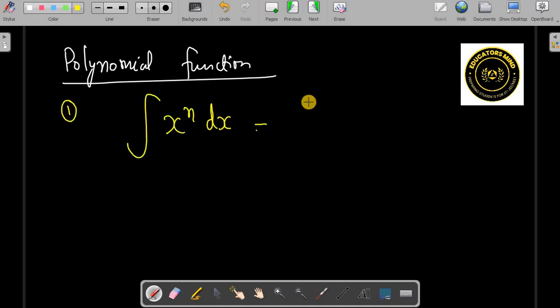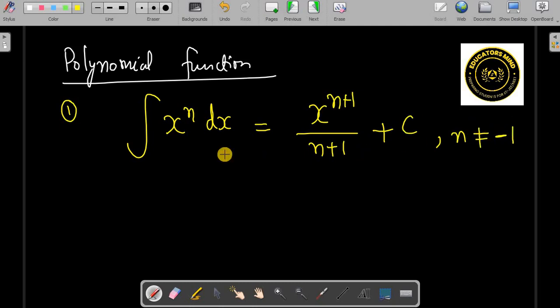What is the integration of this? It will be x to the power n plus 1 by n plus 1. Remember, and of course you can add the constant of integration if there is no limit. And here n should not be equal to minus 1, because then the denominator will become zero.